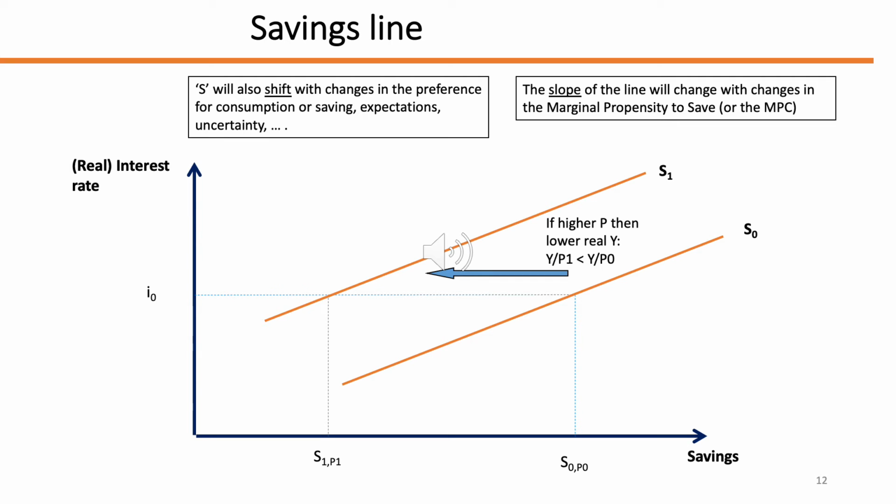If prices are higher, we'll be willing to save less than before. And again, in this example, if the economy becomes more uncertain, there is more political instability, the representation of this phenomenon will be exactly the same: a shift of the line to the left-hand side, and lower savings.